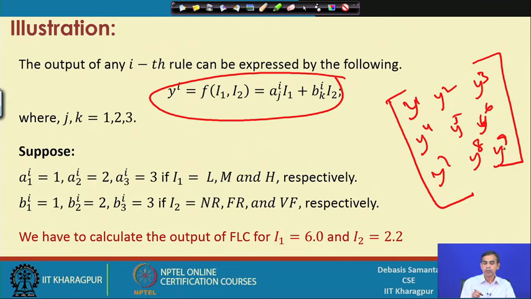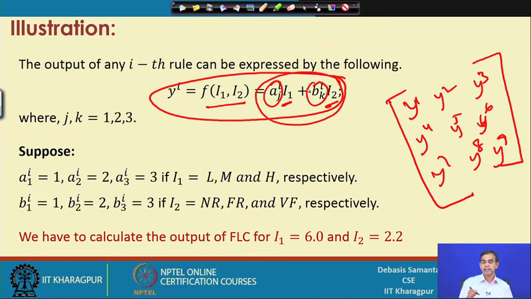Each rule can be discussed in terms of the input values I 1 and I 2, and suppose we assume these are the mathematical representation of the output values. So, this is the input I 1 and I 2, and then these are the coefficients. All these coefficients need to be decided by the designer.